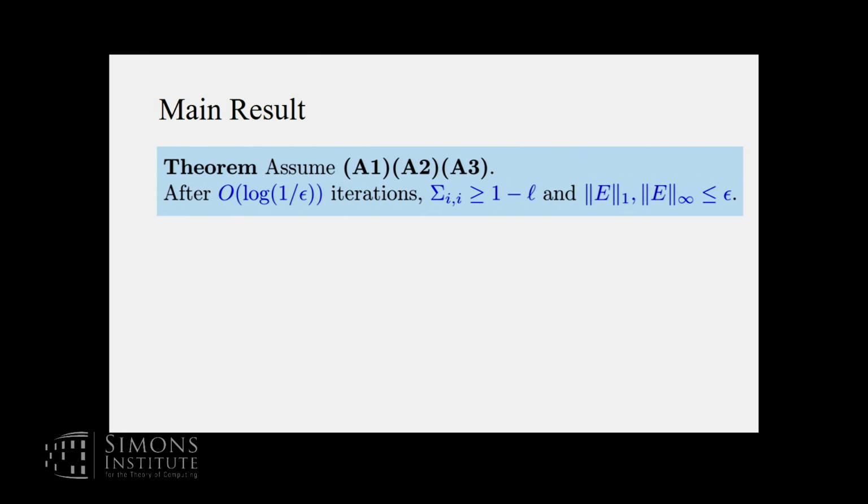Here we still maintain this to be 1 minus L, but if you know that the columns of the ground truth have column norm 1, you can just do normalization, and then after normalization you can get this to be 1 minus order epsilon. So basically you can get epsilon error after logarithmic iterations.